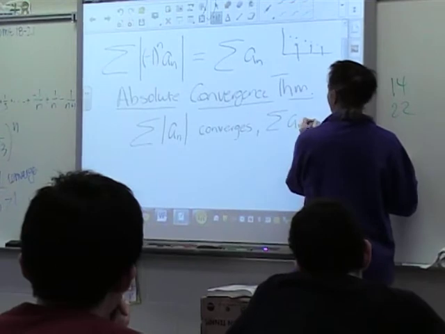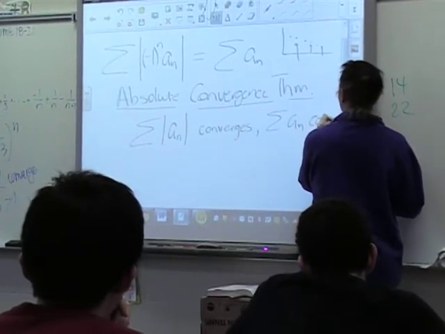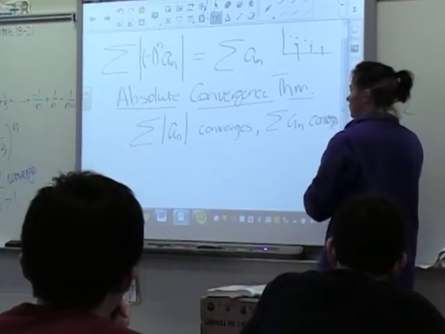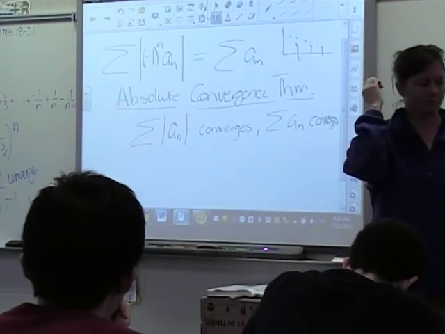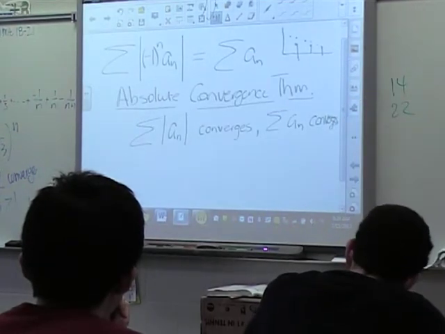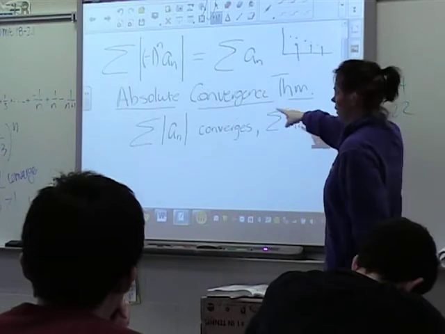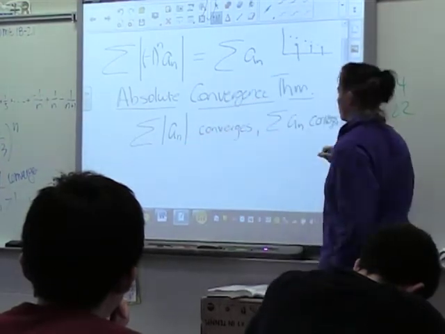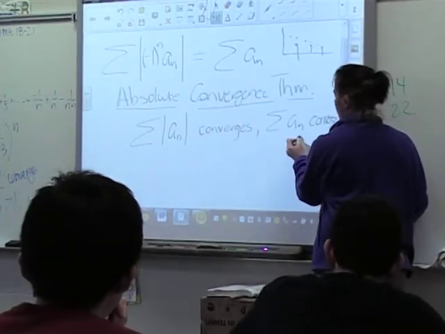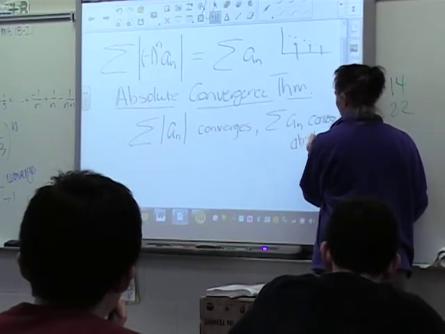It'll still be a finite number. And what we say here is if the absolute value of it converges, we say that it converges absolutely.